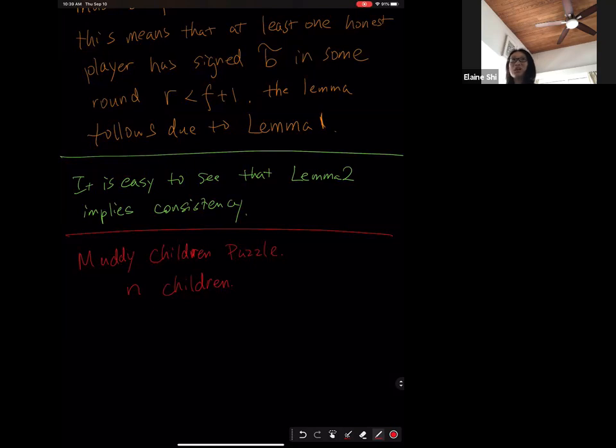The point is, you don't have a mirror, so you cannot see if you yourself have mud on your forehead, but you can see every other kid, whether they have mud on their forehead. Now the teacher says, if you know you have mud on your forehead, please step forward. Let's say no one steps forward, and then the teacher pauses and says again, now you can reconsider. If at this moment you know you have mud on your forehead, now is your second chance to step forward. This goes on until in some round, some children step forward.